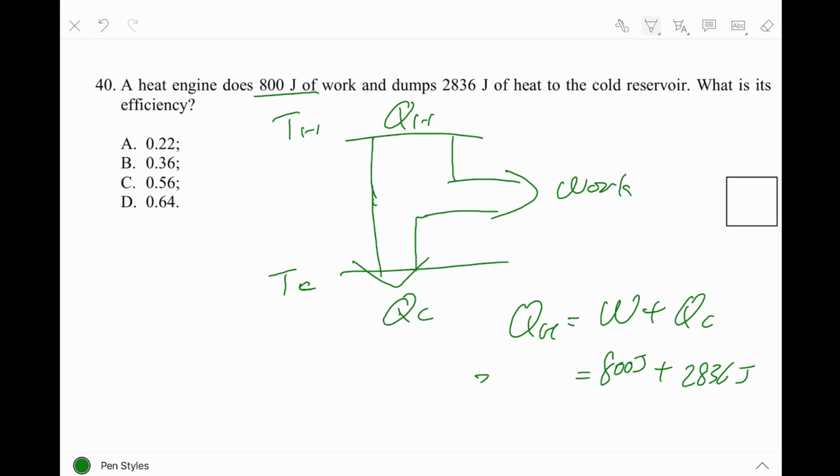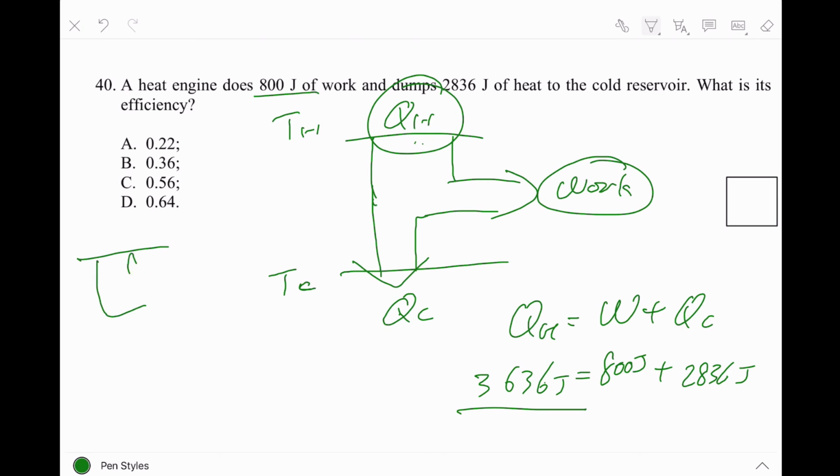So what is the total initial joule? Initially you got 3636. Now what is the efficiency? Efficiency is how much work done over the input. Ideally, you want to convert all 3,636 joule into work. This is ideal. It means this is what you really want. You put all the energy to work.